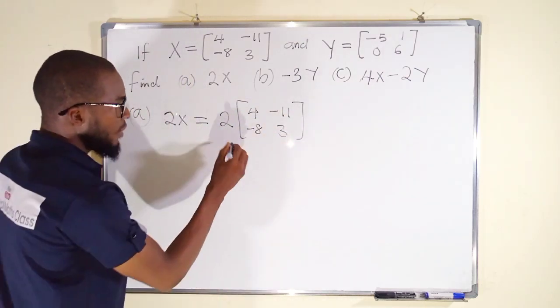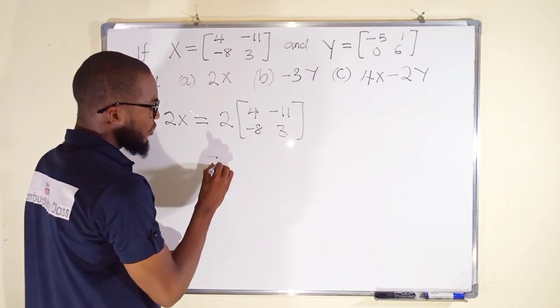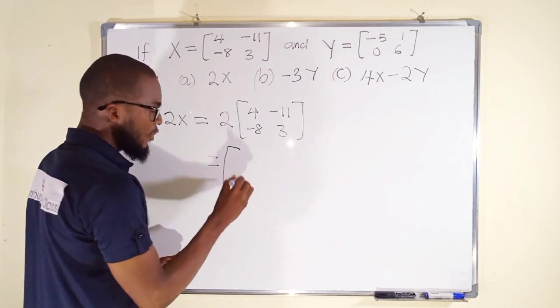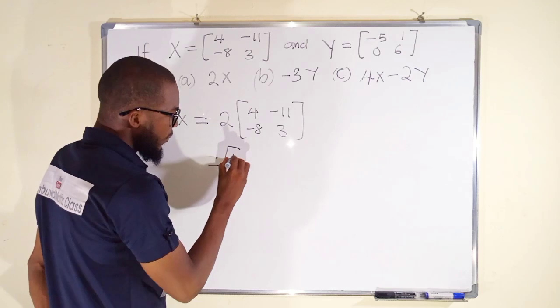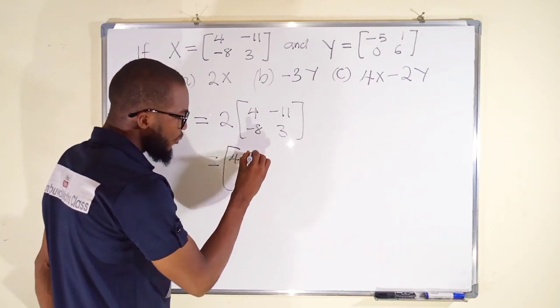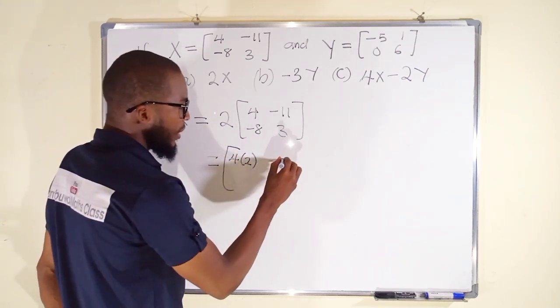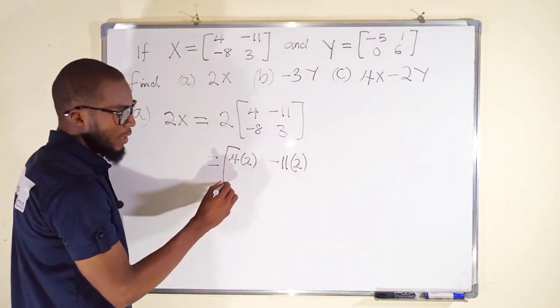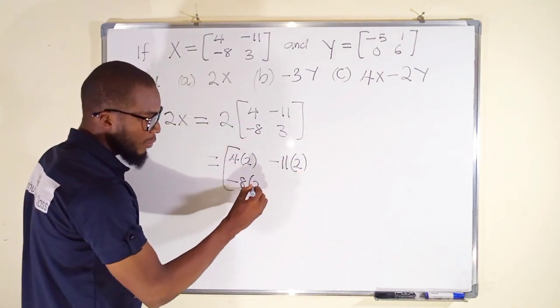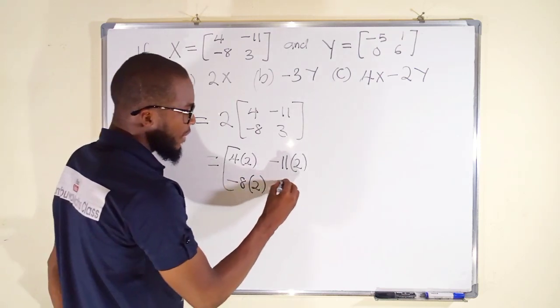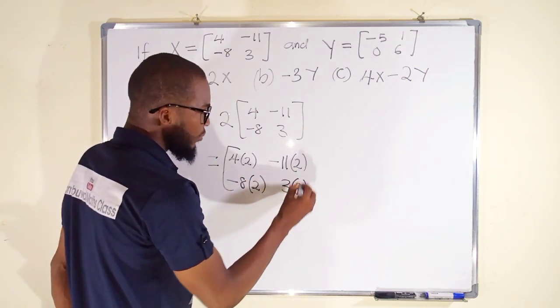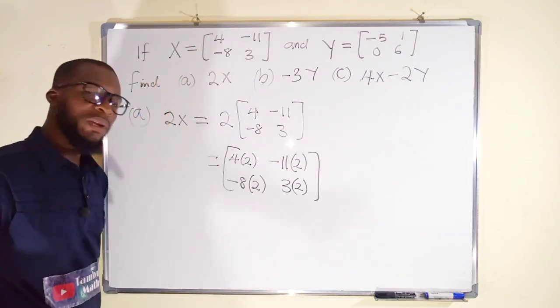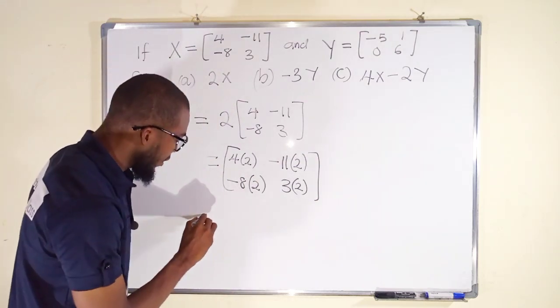So now this simplifies to a new matrix, 4 multiplied by 2, negative 11 multiplied by 2, negative 8 multiplied by 2, and finally 3 multiplied by 2. We simplify and obtain our final answer.